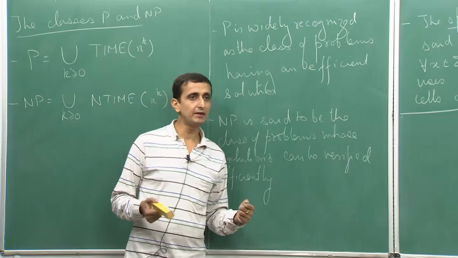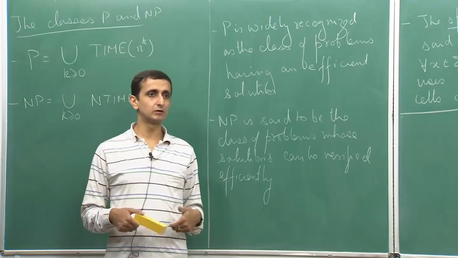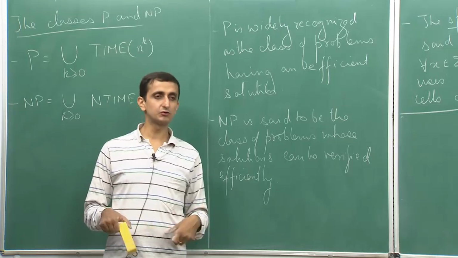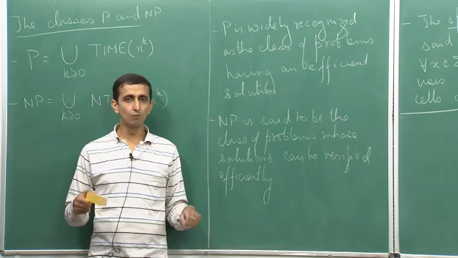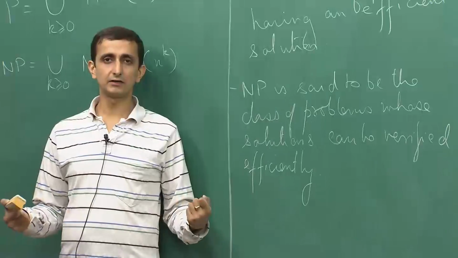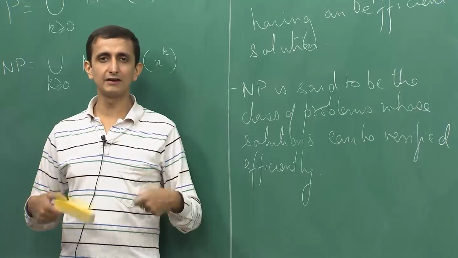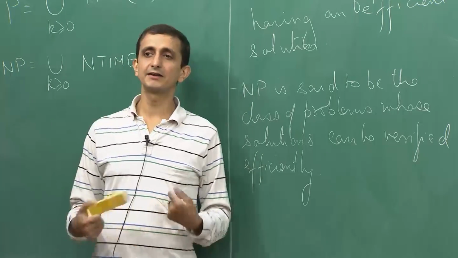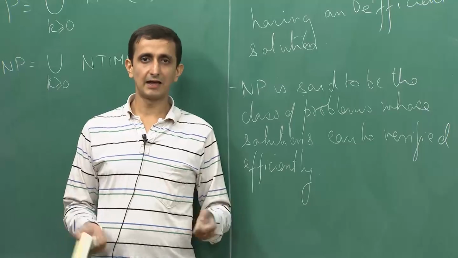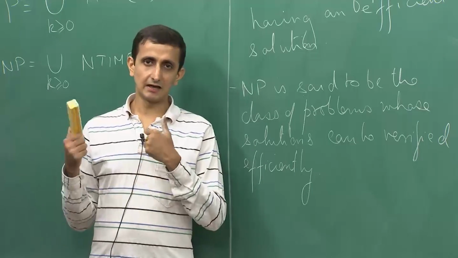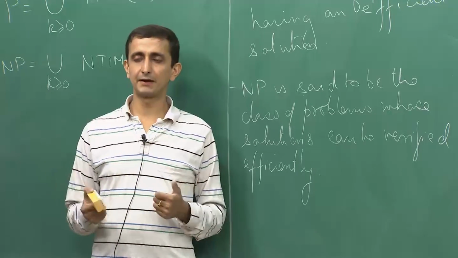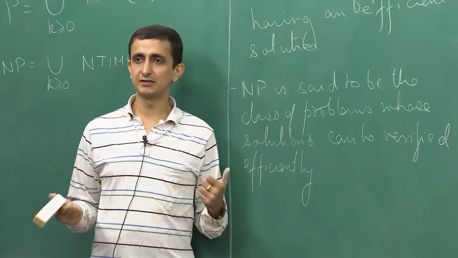Okay. For example, think of the game Sudoku. Okay. So, in a game of Sudoku, if somebody asks you to solve Sudoku, it is more challenging than if somebody gives you a solved board of Sudoku and asks you to check whether it is a correct solution or not. If somebody fills out the boxes and then asks you whether this is a correct solution or an incorrect solution, you can very easily sum up and check whether the solution is correct or not.